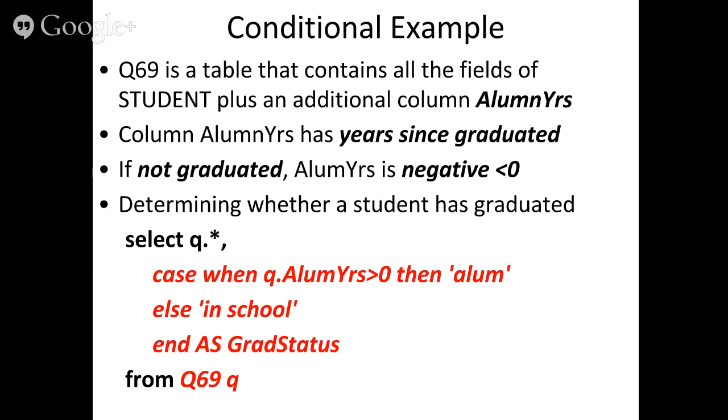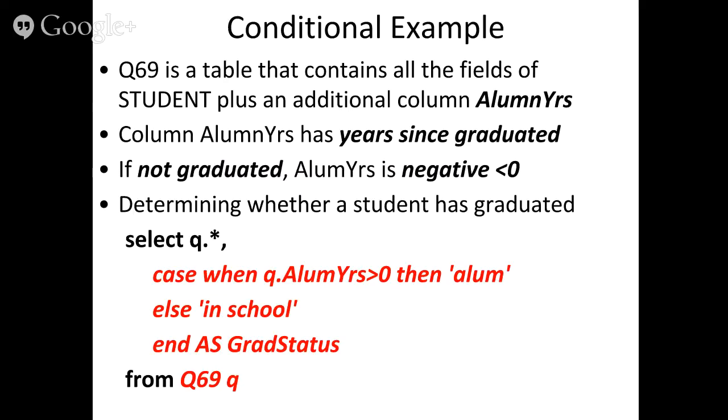So in the case here, we would have your graduation year. We added alum years, and this is going to be positive or negative, so it'll be 10 minus 2, 20 years minus 4. So that's Q69. This is the student table, this is Q69, and then what we're adding is graduation status.